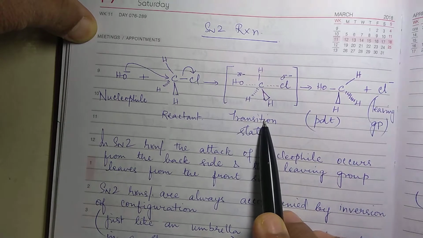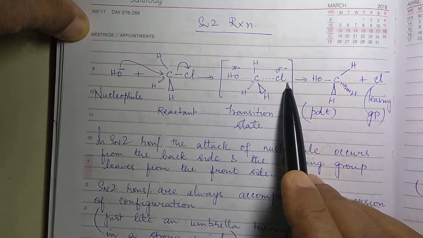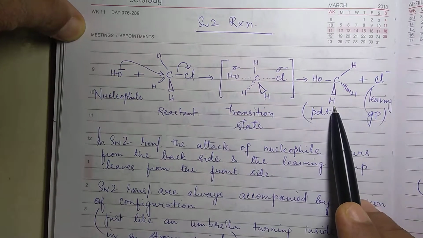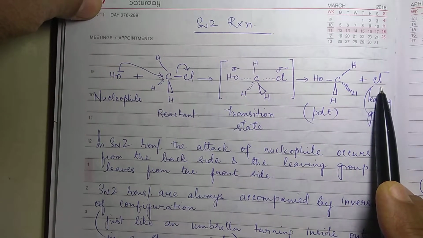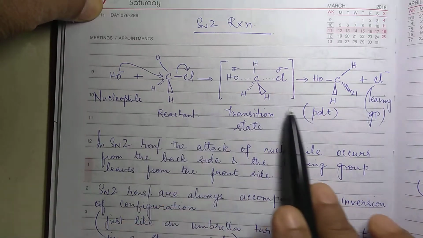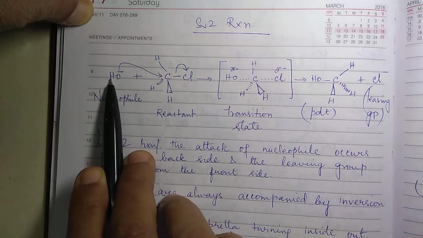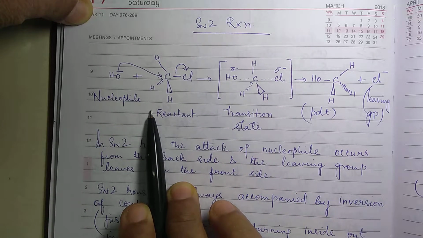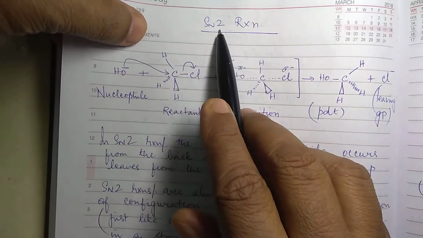This is what is called the transition state, and then this Cl leaves as Cl minus and OH is attached to it. So you get methanol as a product and Cl minus leaves the molecule. So this is your SN2 reaction where the reactant and the incoming nucleophile both react in a single step. That is why it is 2.